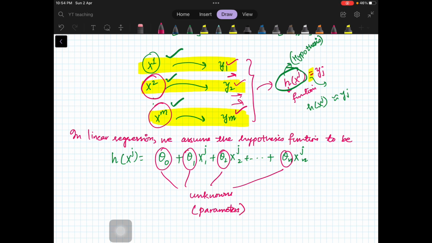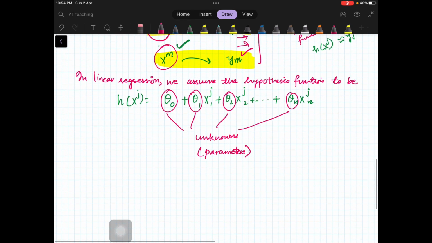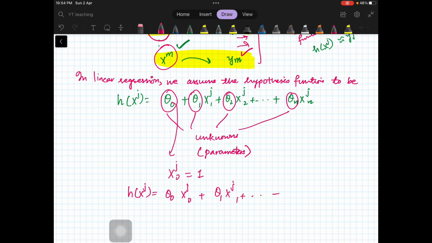Right, so these are the unknowns. You will see that in books they introduce another feature xj0 as 1, so that they can write h of xj as theta naught xj0 plus theta 1 xj1 plus so on up to theta n xjn.